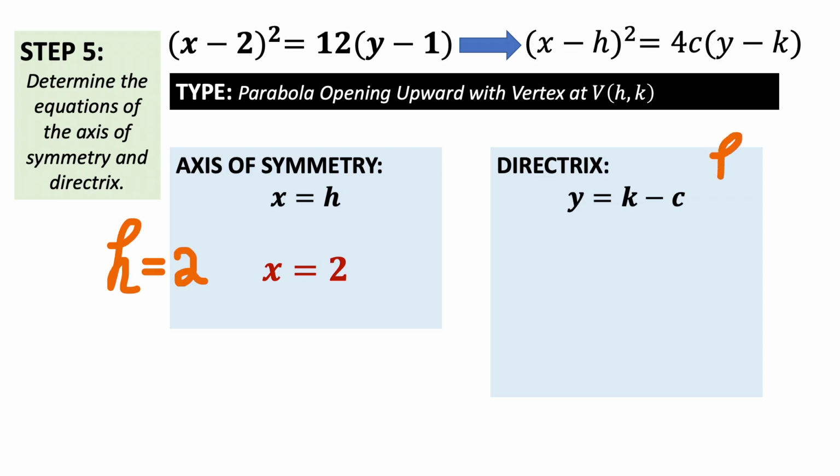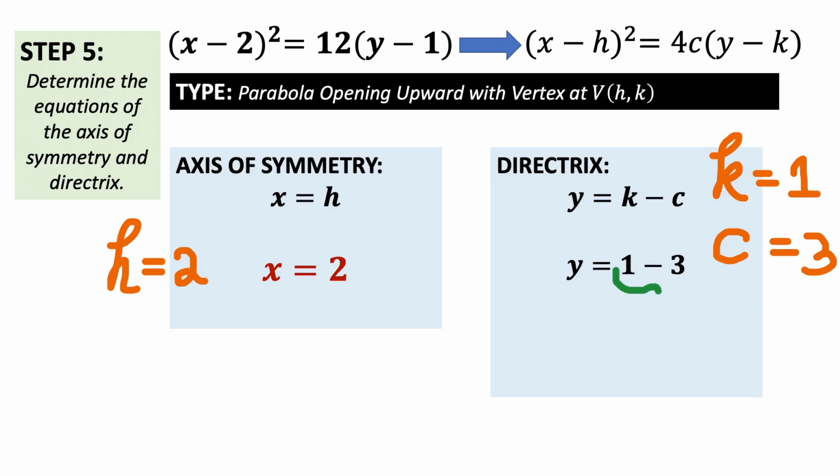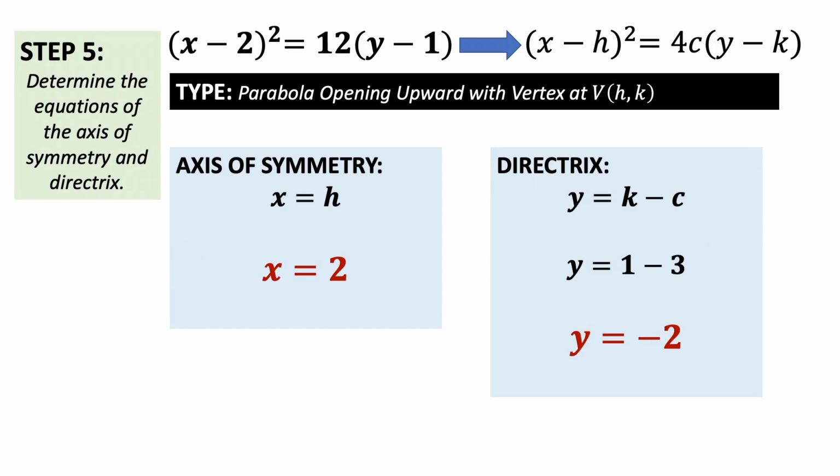We know that k is 1 and c is 3. Substituting these values to the equation, we have y = 1 - 3. Now, 1 minus 3 is negative 2. Therefore, the equation of the directrix is y = -2.